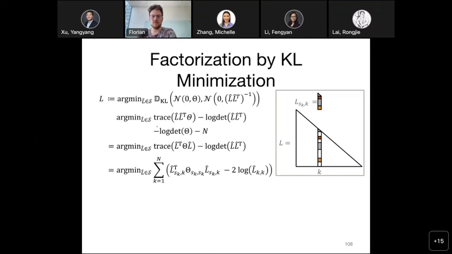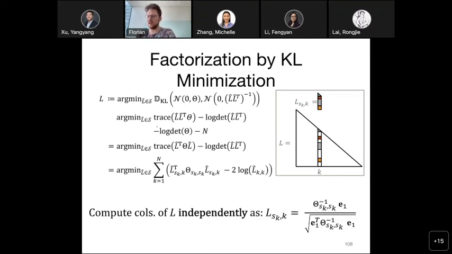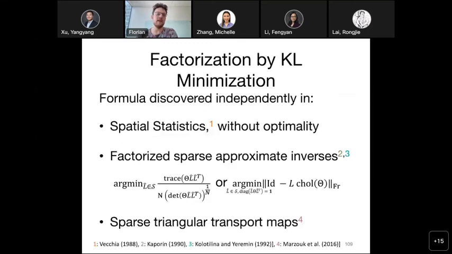And using this decomposition, we can come up with a closed form for the optimal, optimal in KL divergence, sparse inverse Cholesky factor of theta. And afterwards, it turns out that actually this update rule, without this sort of KL optimality, had been discovered without them knowing of each other in multiple different communities.